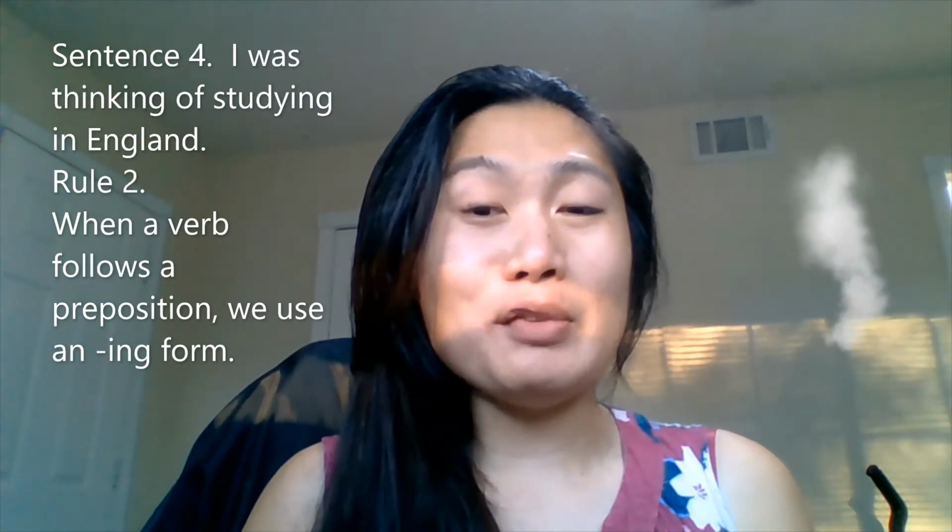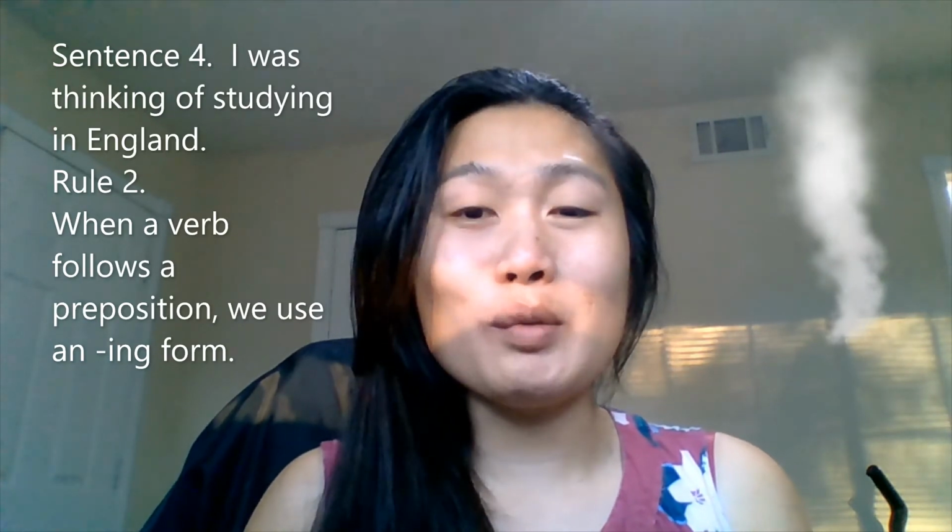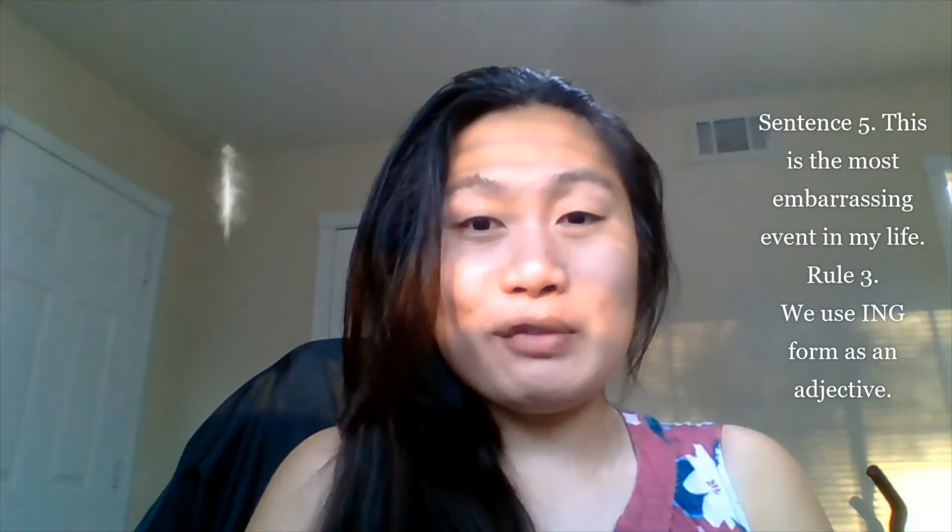Which rule does sentence 4 apply to? If you guess rule 2, where a verb follows a preposition, you are correct. Which rule does sentence 5 apply to? If you guess rule 3, where we use the ing form as an adjective, you are correct.